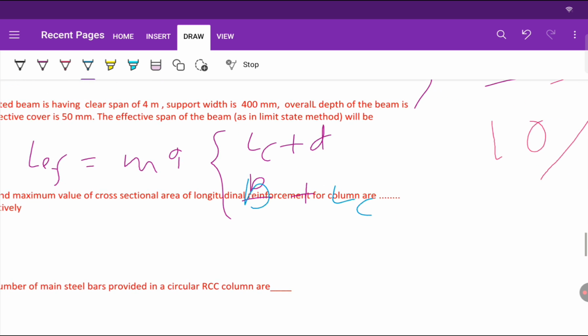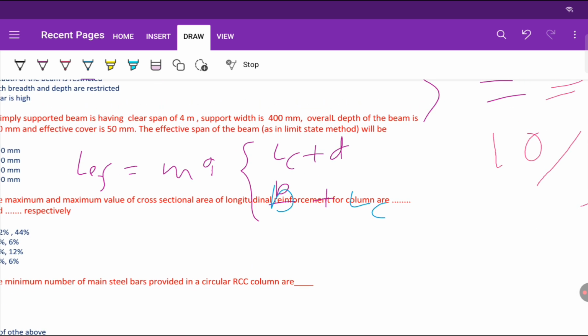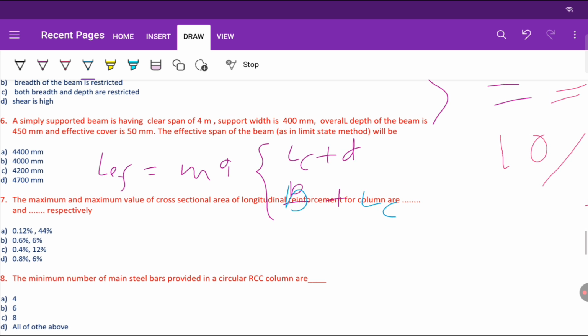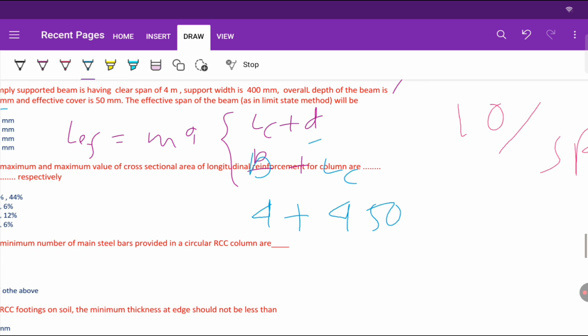So this is the criteria. Now we put the values. The simply supported beam is having a clear span of 4 meter, so 4 meter plus D. The overall depth of the beam is 450 mm, right? So 450 mm.